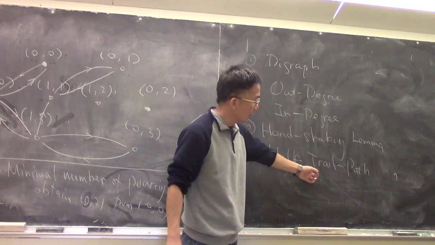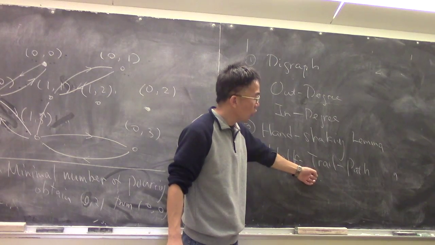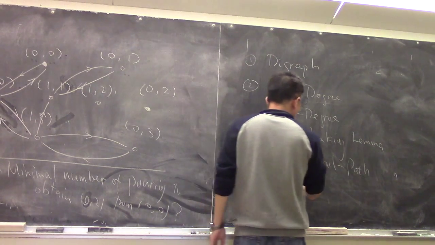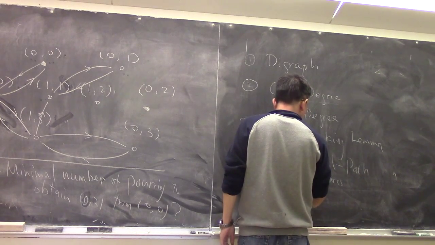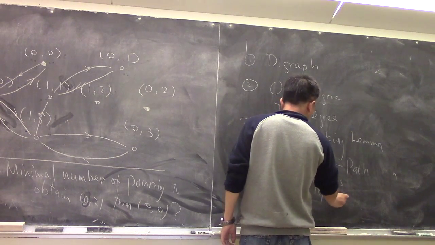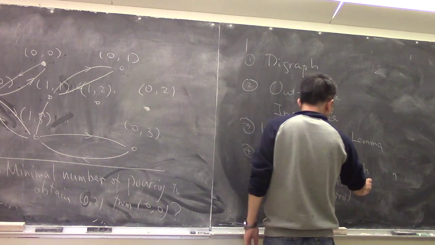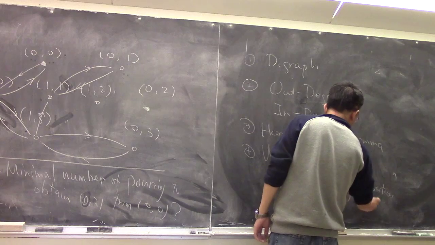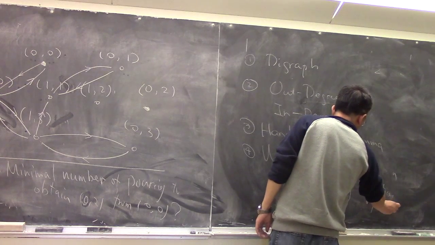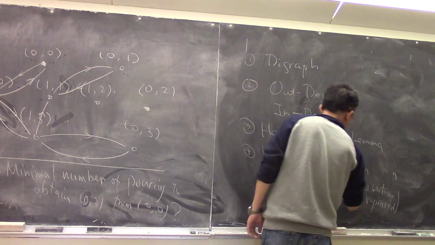A trail means no arc will be repeated, right? So no arc will be repeated. And a path basically means no vertices will be repeated. So that's a path. Right?